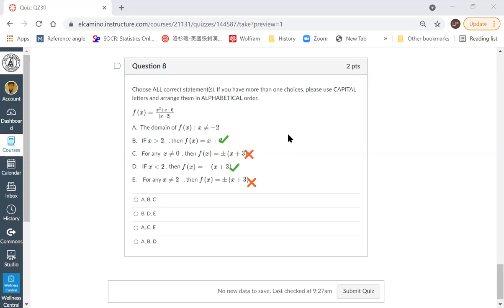The correct answer is B, D. There's no E. Okay, so I made a mistake. I forgot, I didn't give the correct answer. The correct answer is just B and D, not including E. E is wrong. I'm sorry, Mikhail, okay?